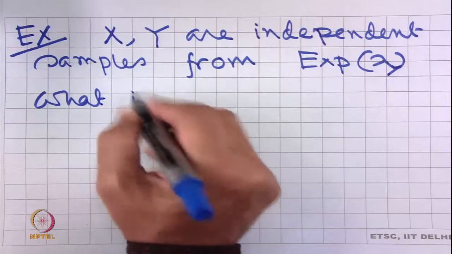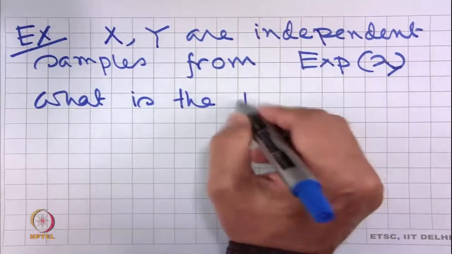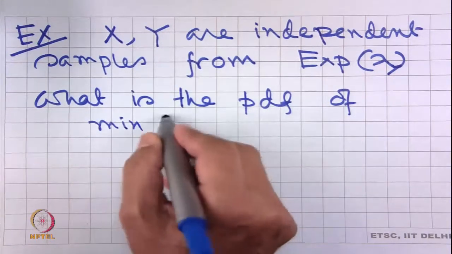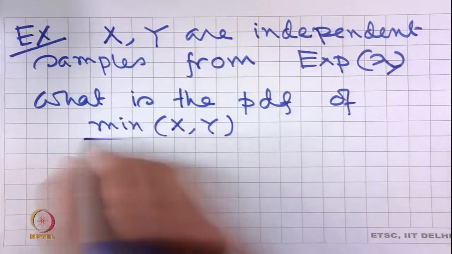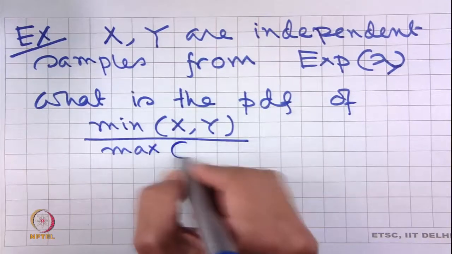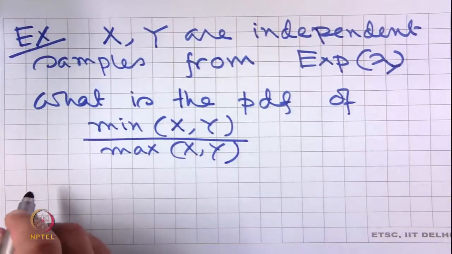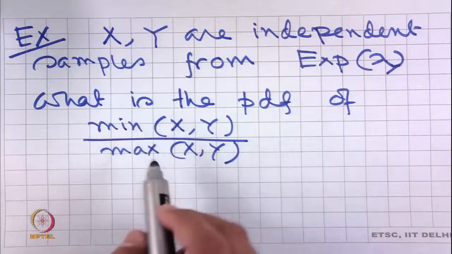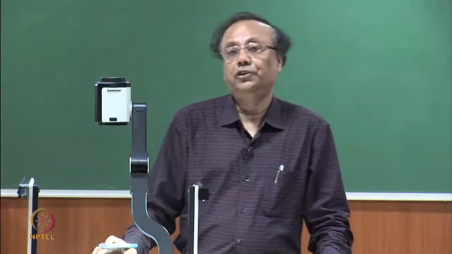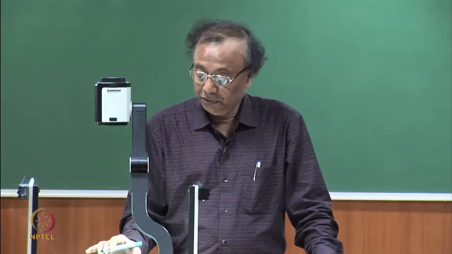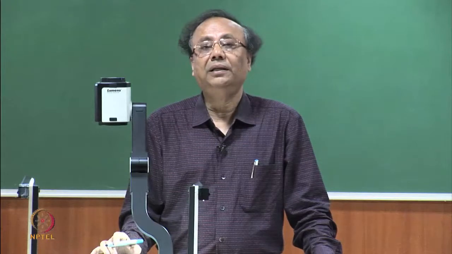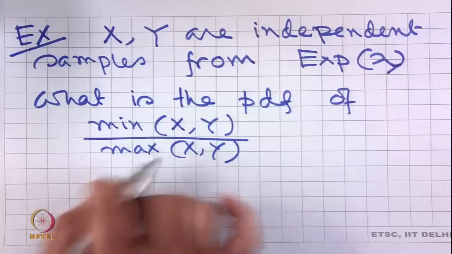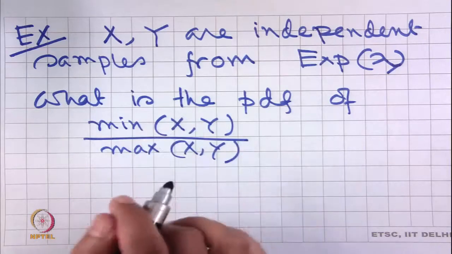Our aim is to find out the PDF of the minimum of x, y upon the maximum of x, y, and note that these two are not quite independent. So, one way of doing it is we can look at the joint distribution of these two, minimum of x, y and maximum of x, y, and from there we may like to compute the PDF of their ratio.